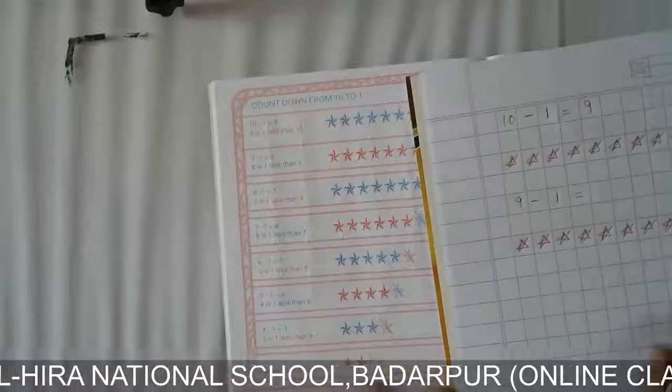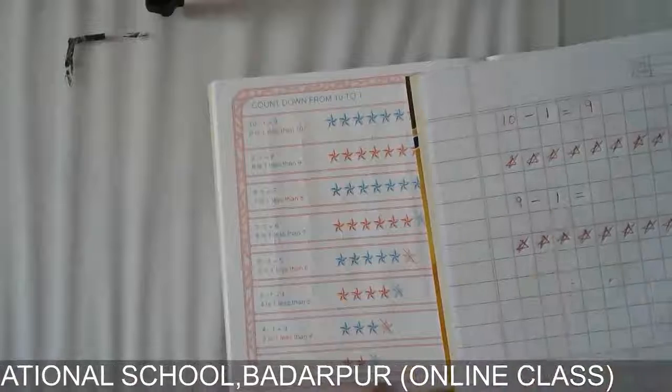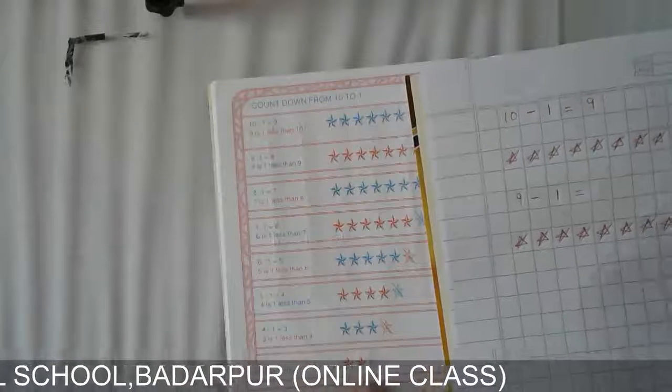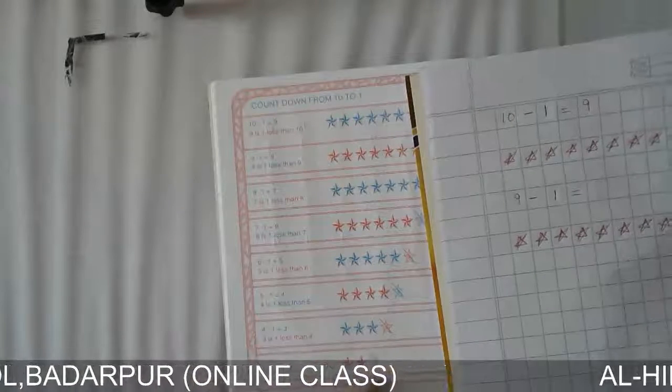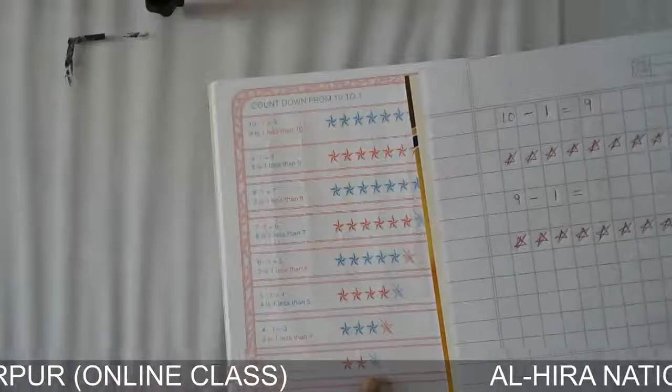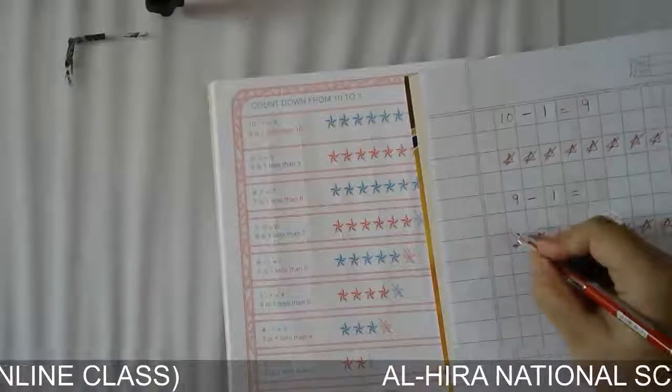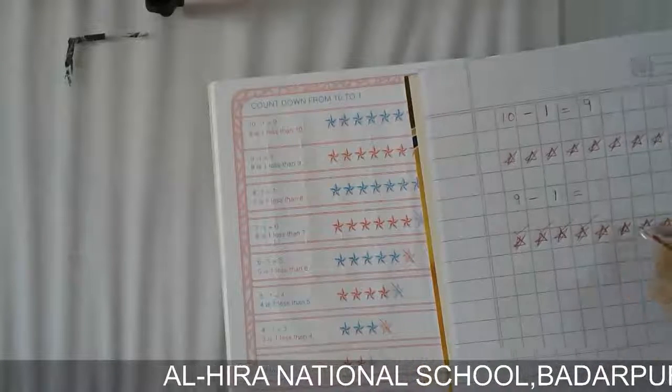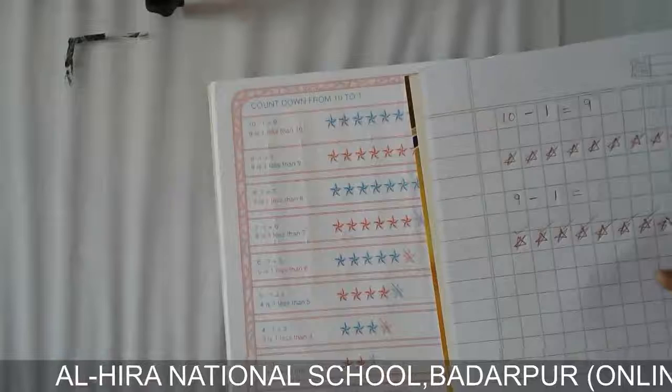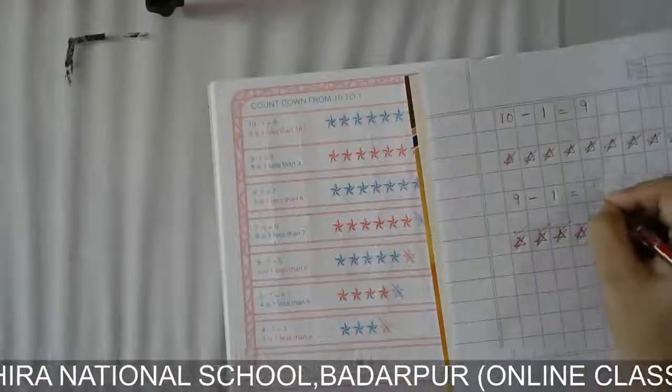From 9 stars, if I minus 1, that means I am cutting down 1. Okay, so 1 star I am removing. How many stars left? 1, 2, 3, 4, 5, 6, 7, 8. So 8 left.